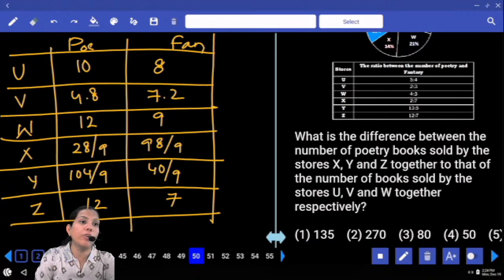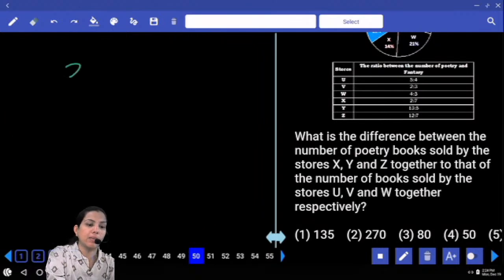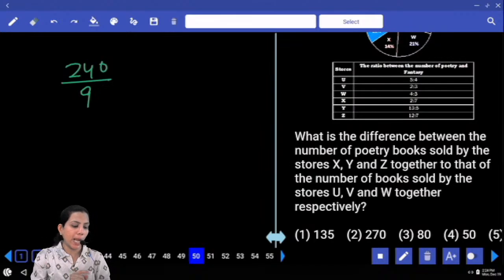Oh sorry, 104 28 together. 132 by 9. 108 by 9 we can write. 132 plus 108 is 240. 240 by 9. This is X, Y, Z poetry books.